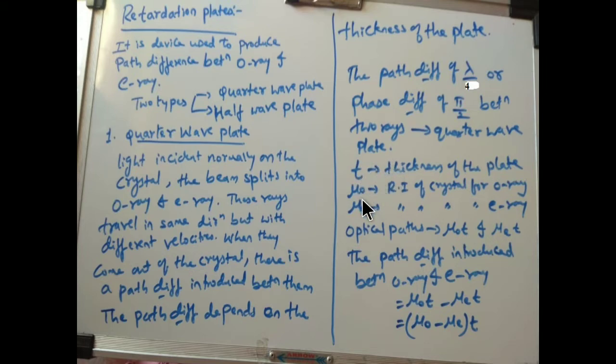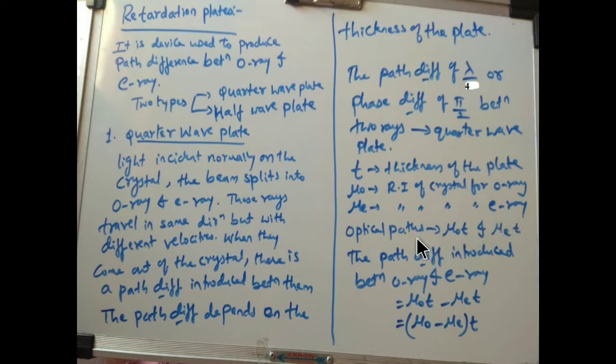Let T be the thickness of the quarter wave plate, with path difference lambda by 4 and phase difference pi by 2. Mu naught and mu e are the refractive indices of the crystal for the ordinary ray and the extraordinary ray.